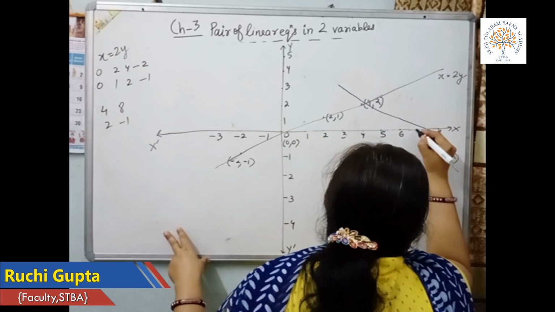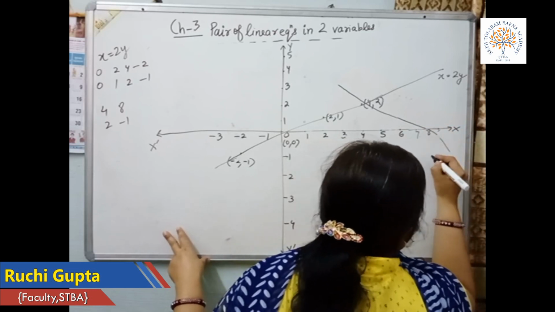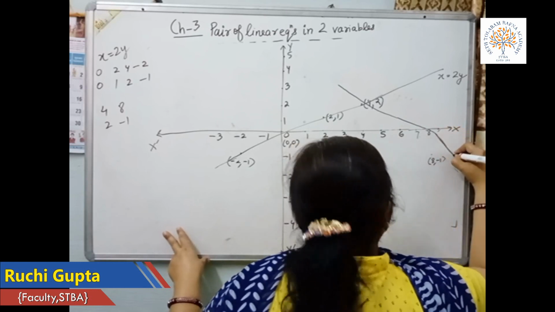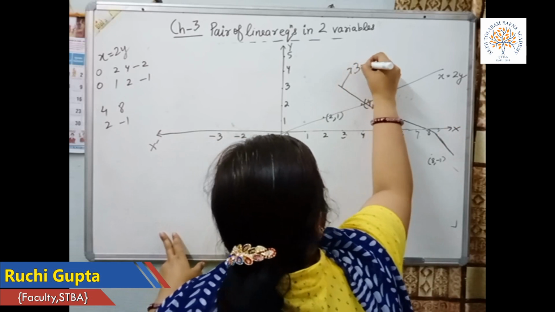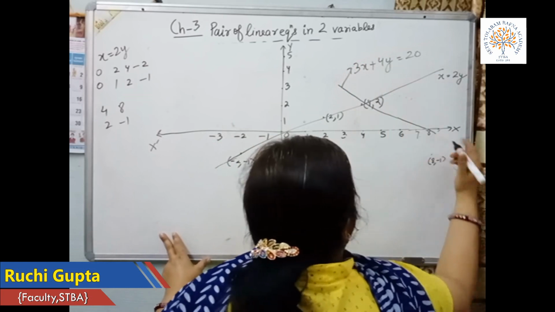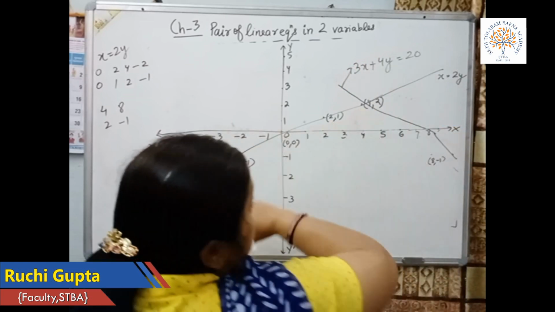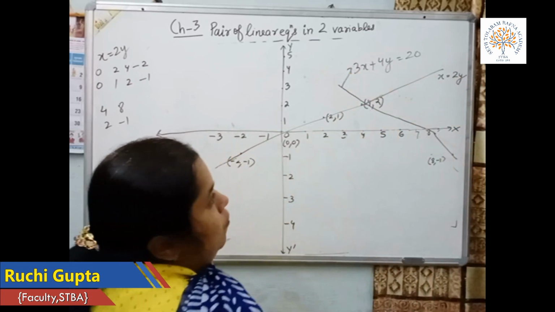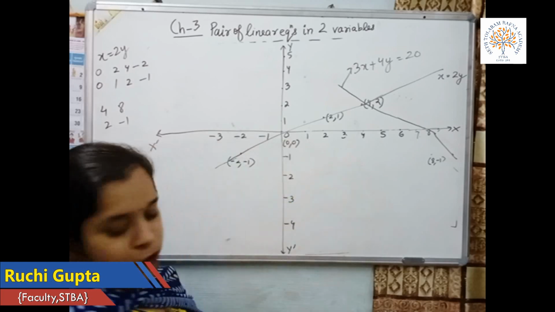It is the line of the equation 3x plus 4y is equal to 20. So can you see that this is an intersecting graph and its solution is 4, comma 2. Is that clear, students? Very good.